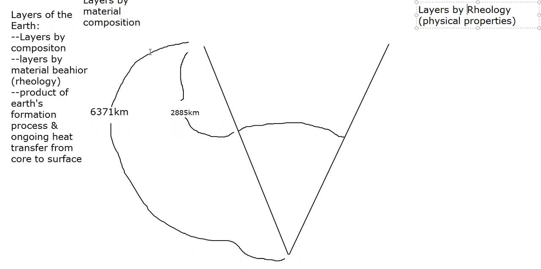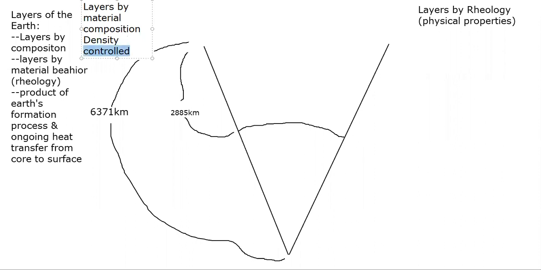And so layers by material composition are generally going to be sorted based on density, with the densest materials towards the center, because at one point we were entirely molten.